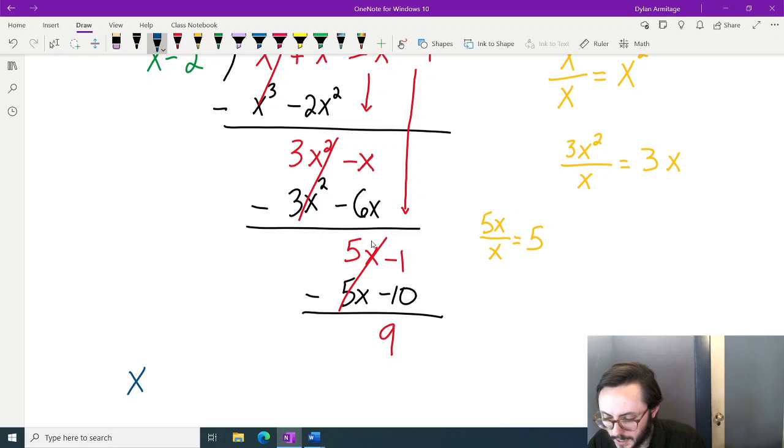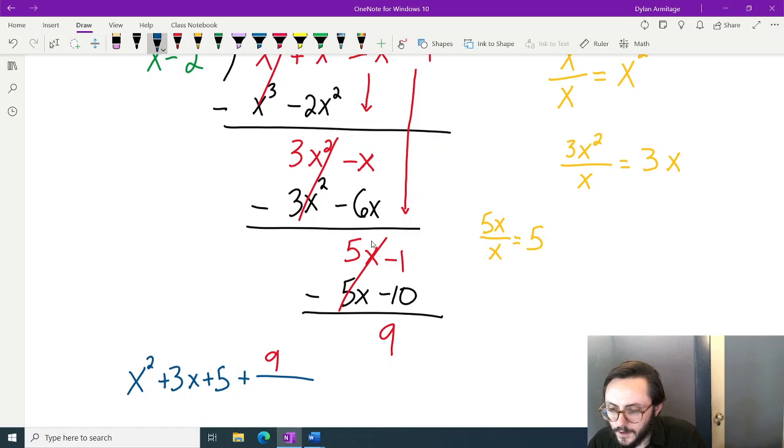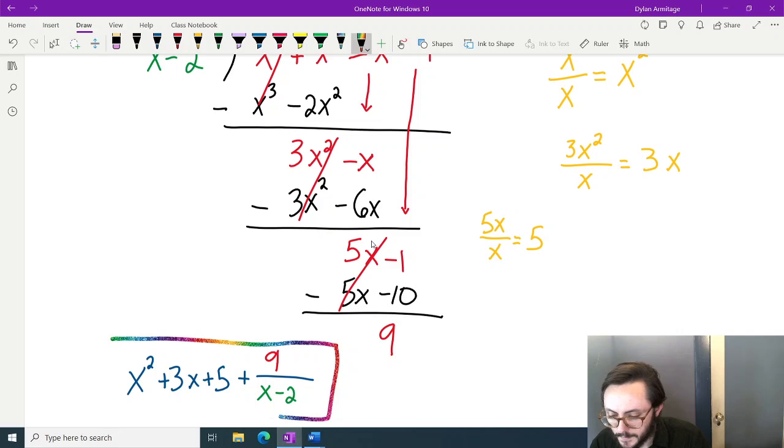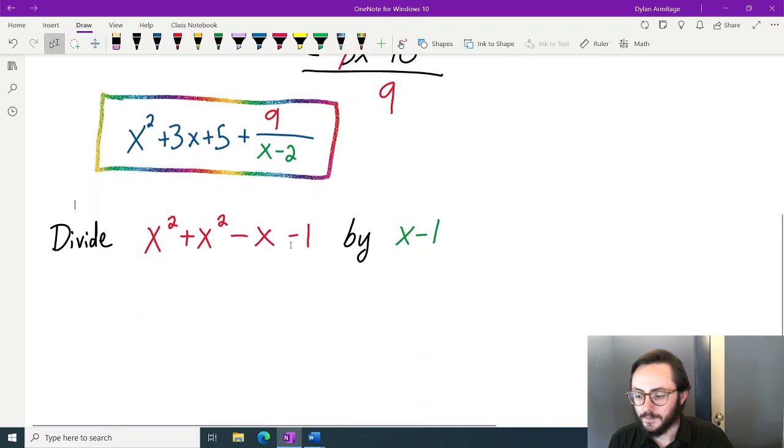So x squared plus 3x plus 5 plus 9 over x minus 2. Okay. Notice that we still had a remainder, okay? Because I want us to keep that in mind while we look at this next one.